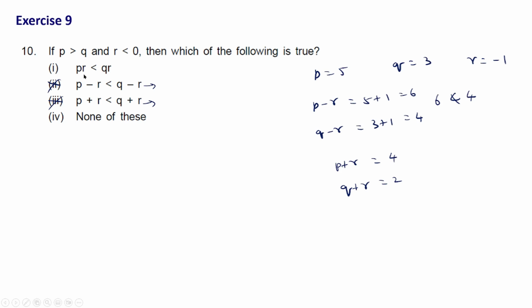So here pr will be less than qr. Here 5 is more than 3, but minus 5 is less than minus 3. So the correct option is option 1, pr less than qr. This we have studied in the properties of numerical inequalities itself.